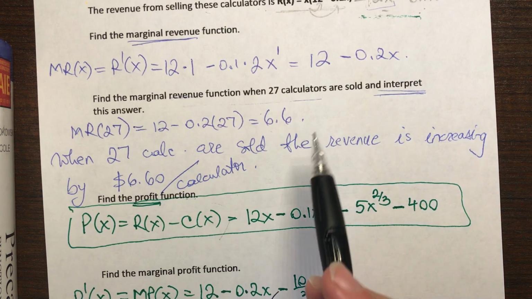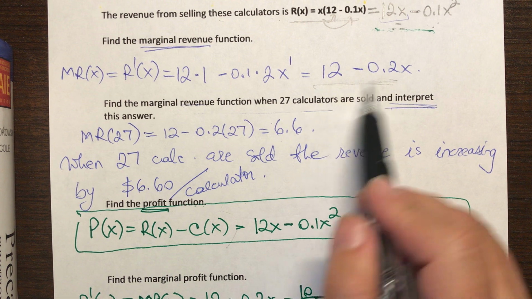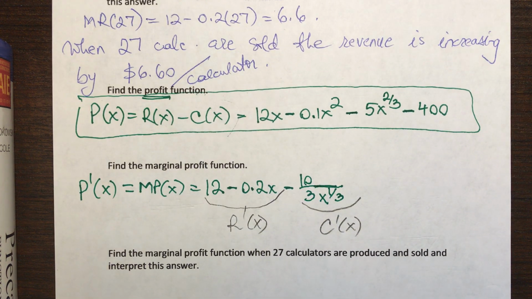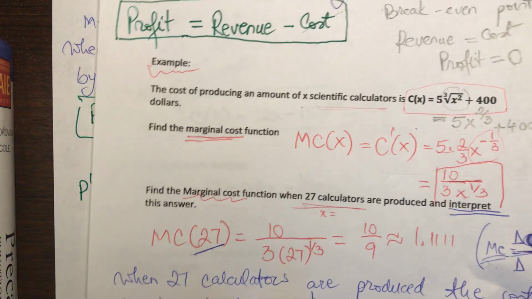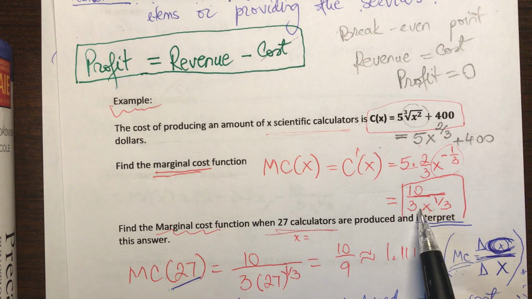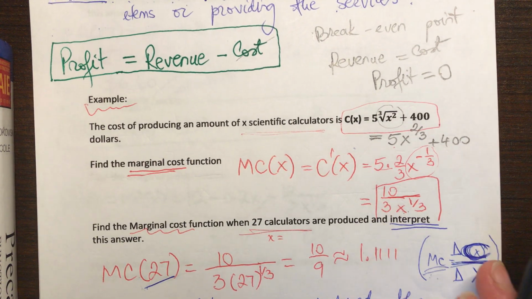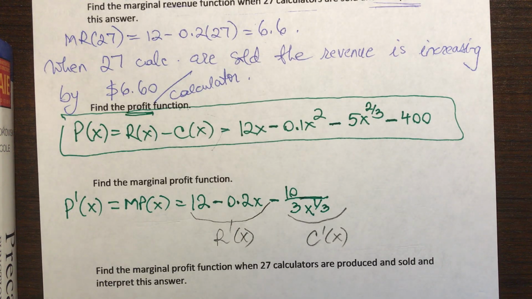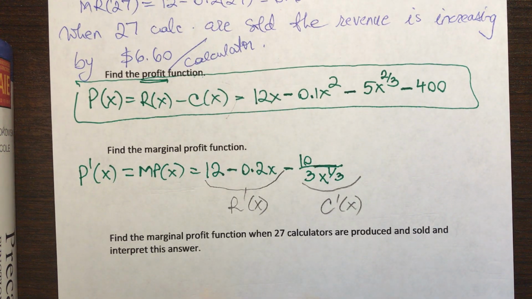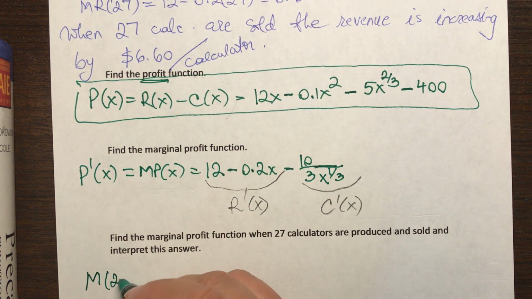As you see, this was the derivative of your revenue function. I'm going to bring back the previous page. This here was the derivative of your cost function. So you don't have to reinvent the wheel. You already had found them. All you have to do is subtract them. Okay, so find the marginal profit at 27.